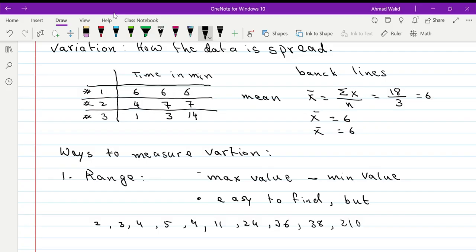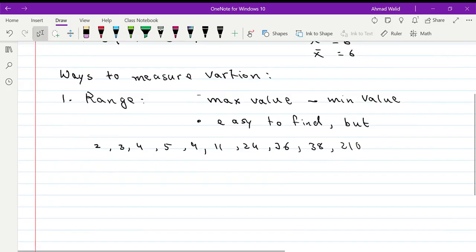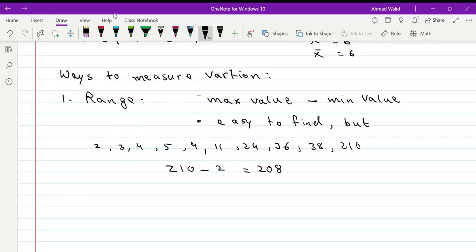If I want to find the range here, my maximum value, which is 210, minus the smallest value, 2, gives me the range, 208. But what happened? I didn't focus on all the other data that I have here. That's the bad part. You see, I skipped all of these.